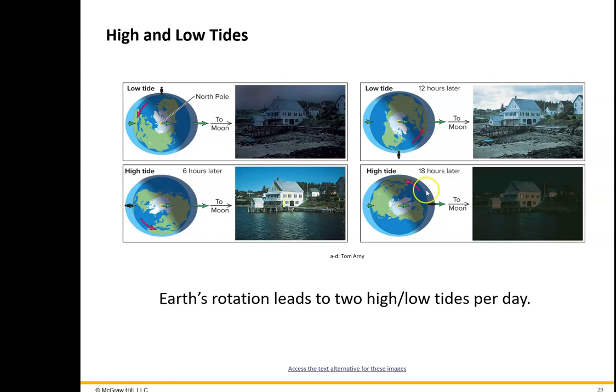It tends to be greater towards the northern latitudes or the southern latitudes.